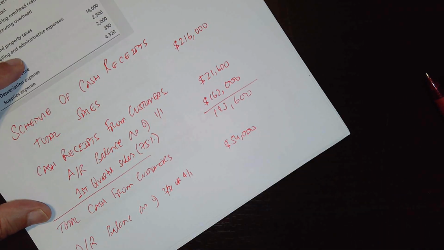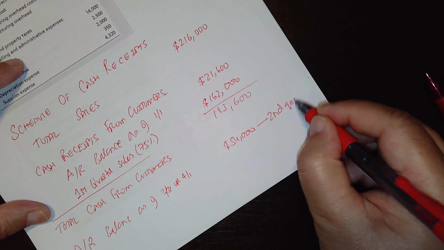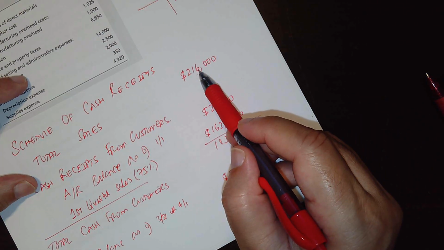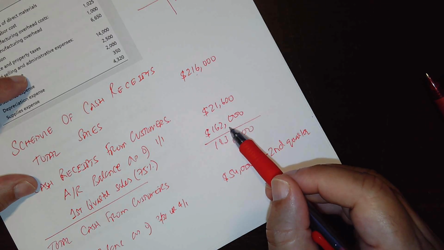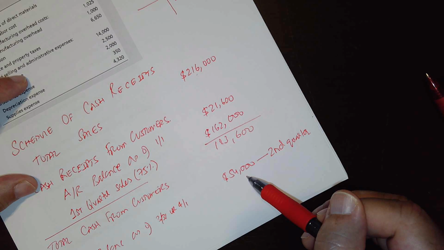This is for the second quarter. We are not interested in that now, but I just want you to know that of the $216,000 in sales, you're only going to receive 162,000, and that 54,000 will come in the second quarter.